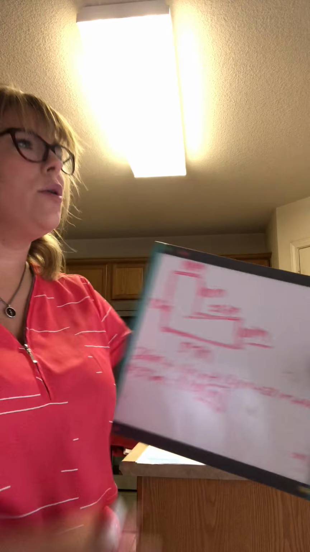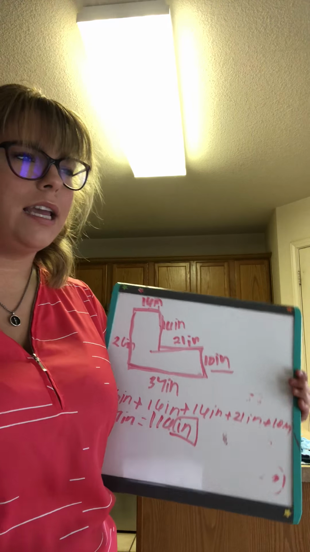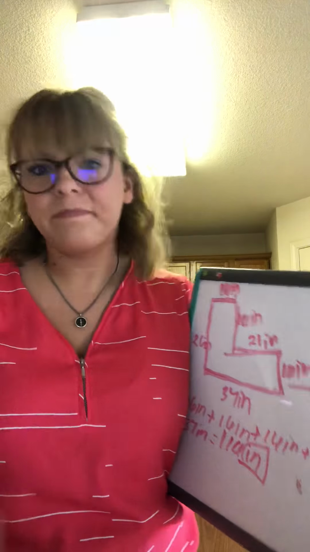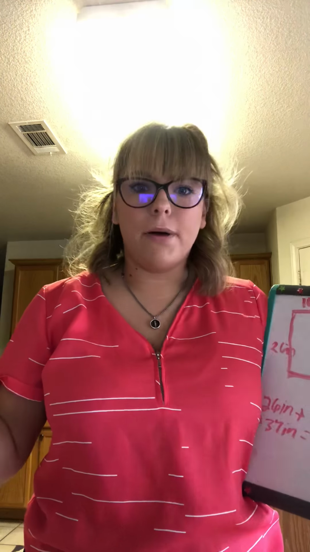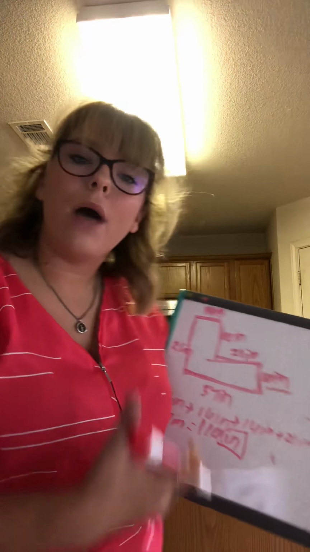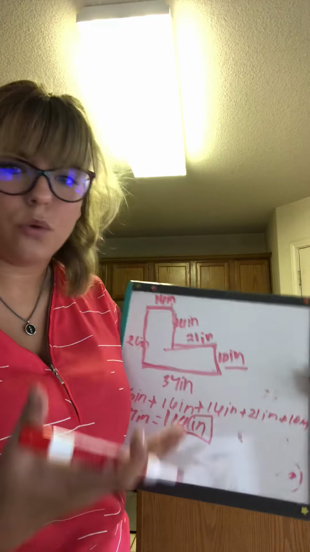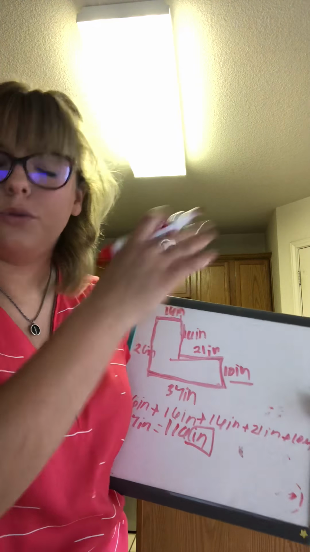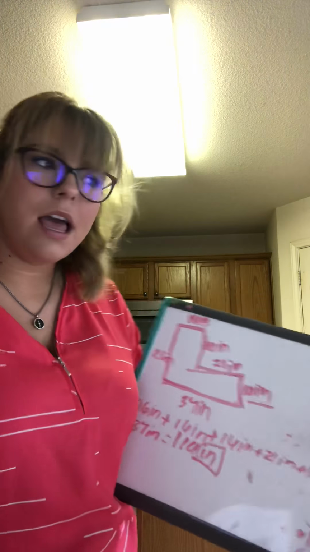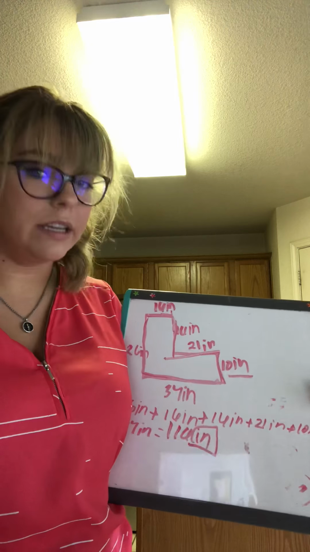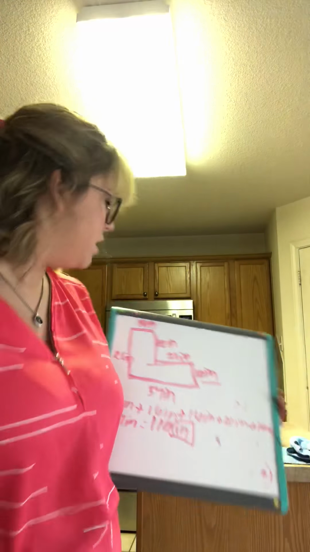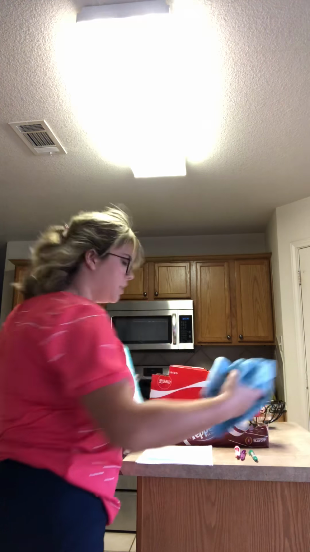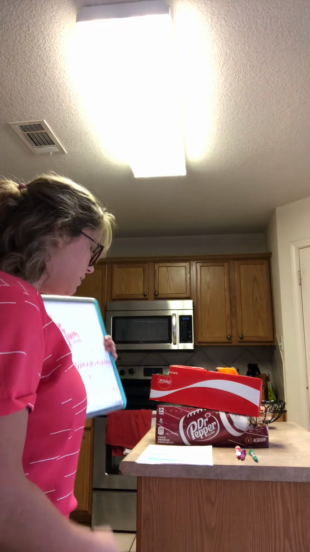If you have measurements of 16, 10, and 11 inches, for example, but you forget to put those units of measurement on there, how are we supposed to know? So if 10 plus 10 is 20 and 11 plus 20 is 31, how are we supposed to know that it's 31 inches if you don't put it there? So just make sure that you're putting the units of measurement.